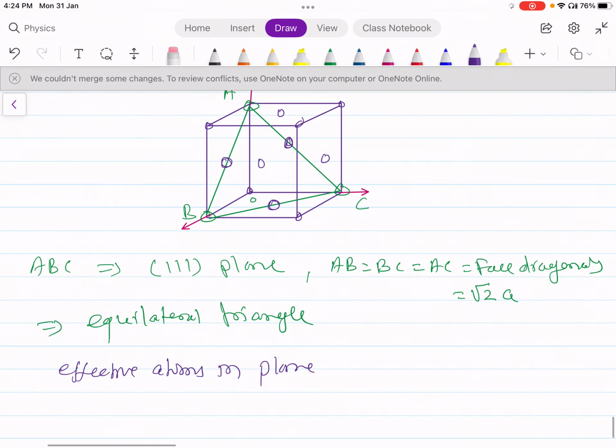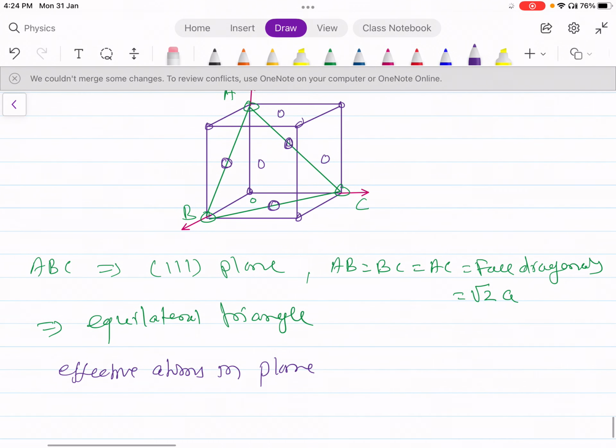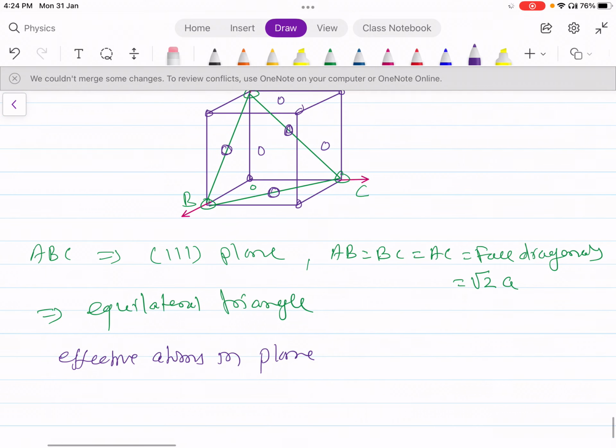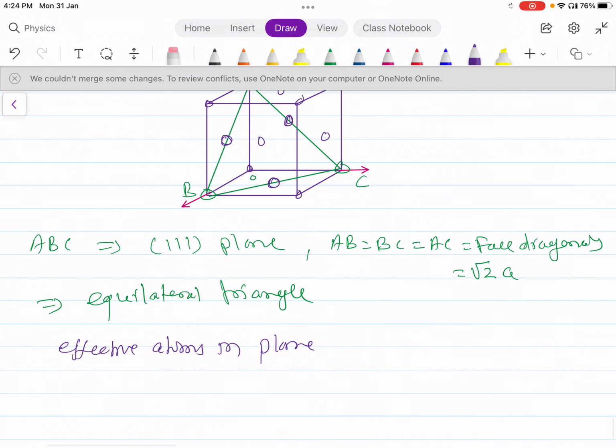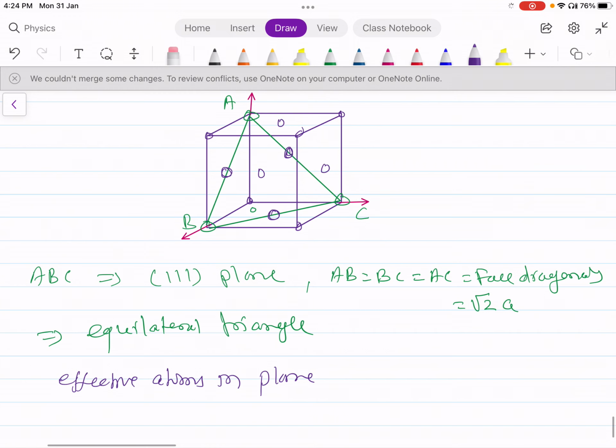There are three corner atoms, and this is an equilateral triangle. It makes an angle of 60 degrees. So the contribution of the ABC atoms to the plane is 1 by 6. So 1 by 6 into 3, plus 3 face diagonal atoms whose contribution is half, so plus half into 3, and that is 2. So effective atoms in the plane are 2.